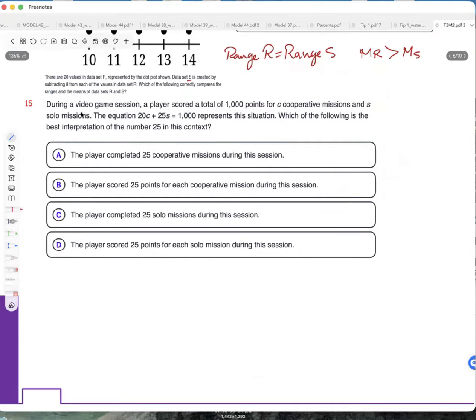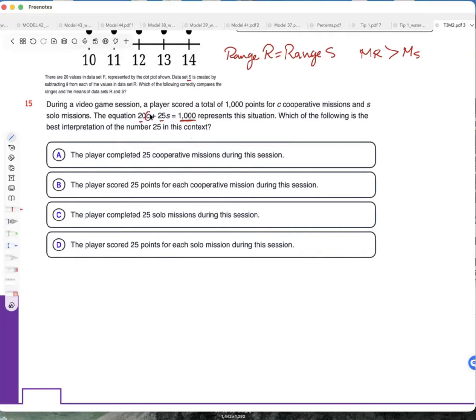Easy question. During a video game session, a player scored a total of 1,000 points for C cooperative missions and S solo missions. The equation 20C plus 25S equals 1,000 represents the situation. Which of the following is the best interpretation of the number 25 in this context? You have to read this equation carefully. This is the total number of points. This is 20 and this is 25.